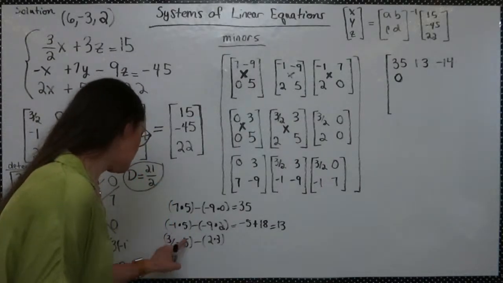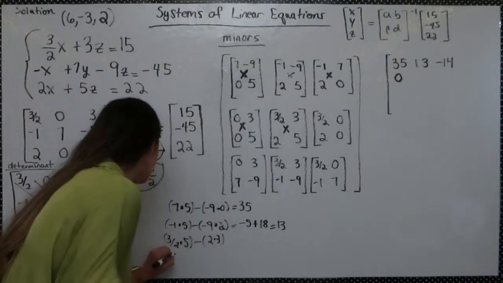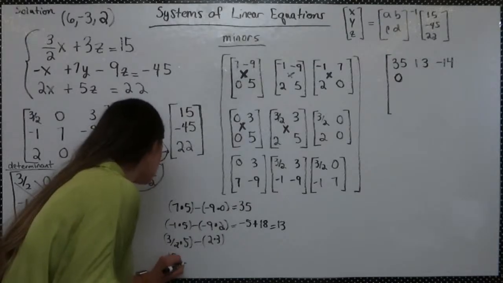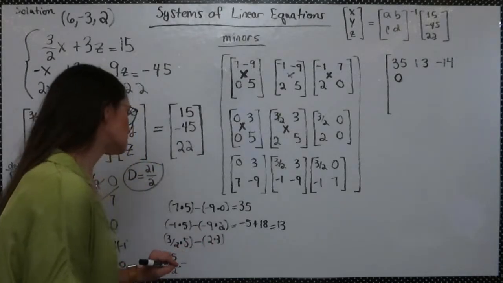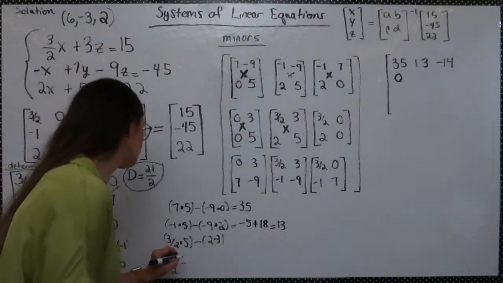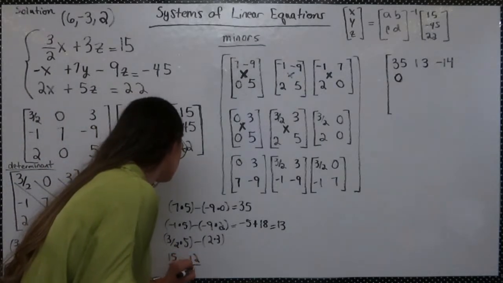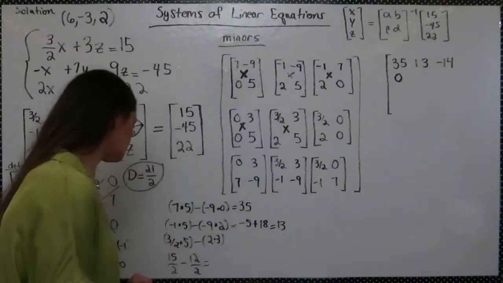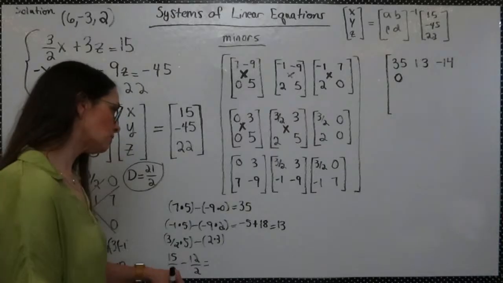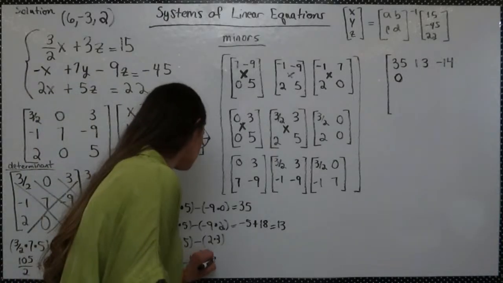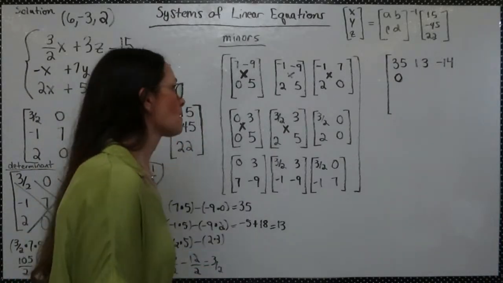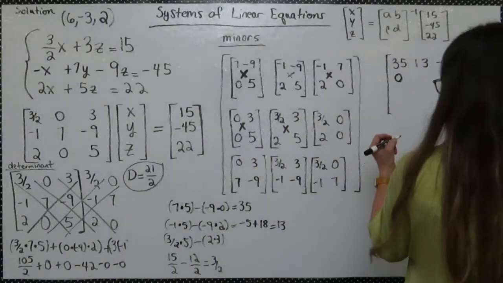So we have 3 halves, that is 15 halves. Minus 6, so that's 12 halves. 15 minus 12 is 3, and it's going to be positive 3 halves. So this one's going to be 3 halves.